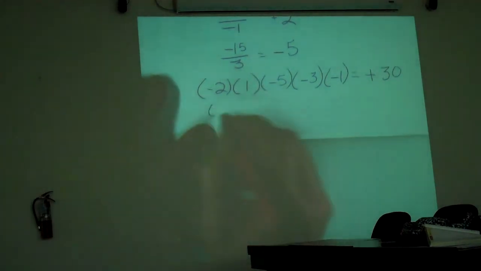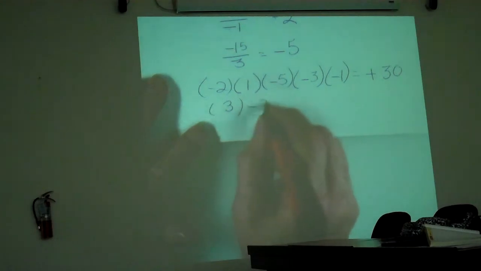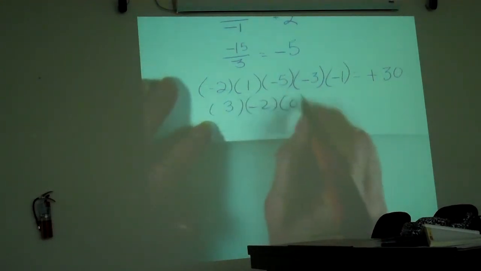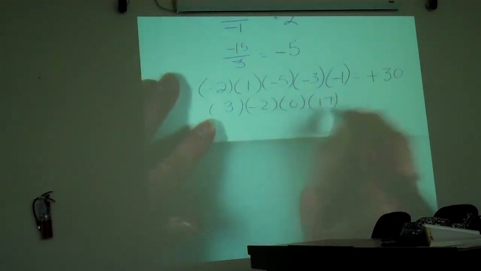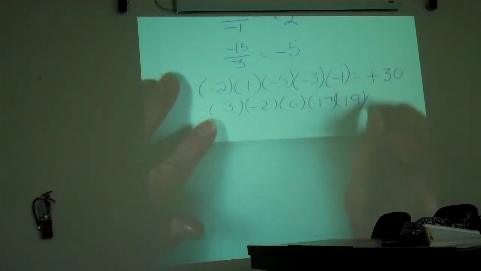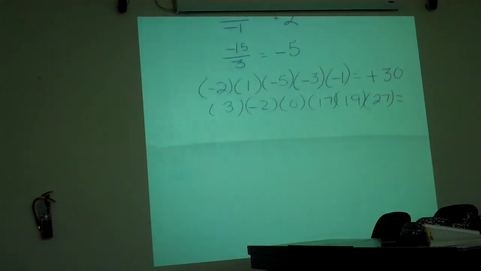So let's do 3 times negative 2 times 0 times 17 times 19 times 27. What is that? Come on, somebody, real quick.